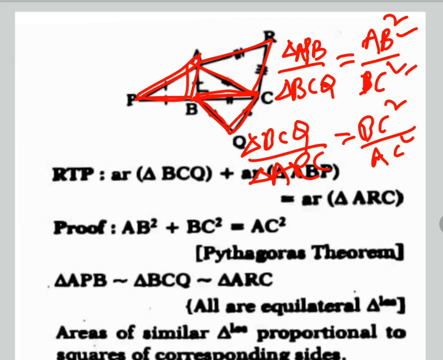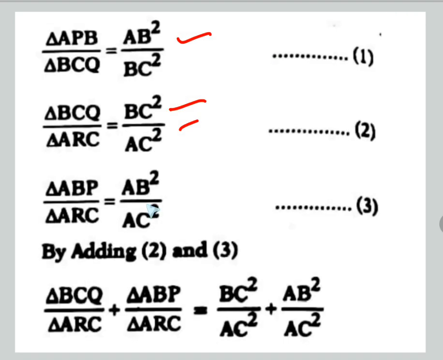By adding the second and third, the area of triangle BCQ by the area of triangle ARC plus ABP by ARC is equal to BC square by AC square plus AB square by AC square.